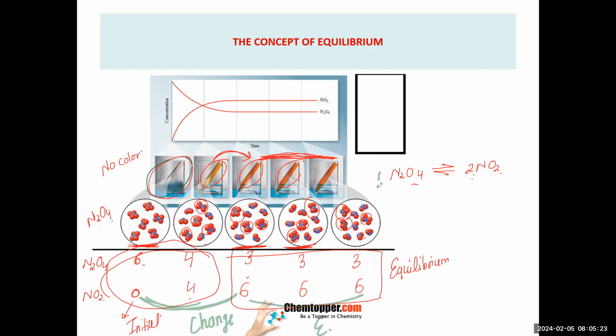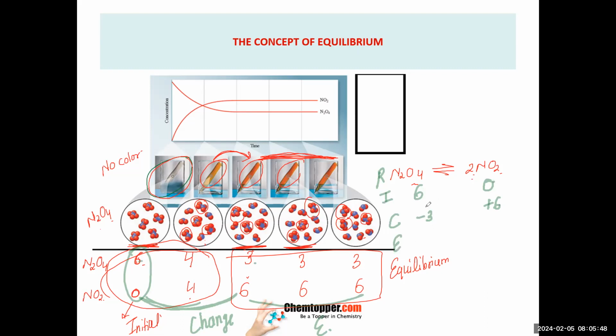You're going to learn the Rice table. R is reaction, I is initial, this one, 6 and 0. Change, what's the change? 6 to 3, so minus 3, plus 6, that's the change. It has become from 0 to plus 6.